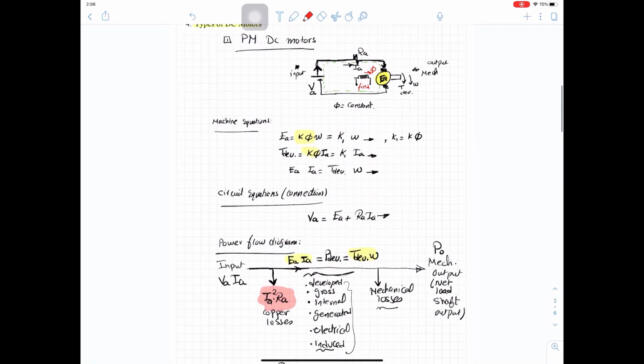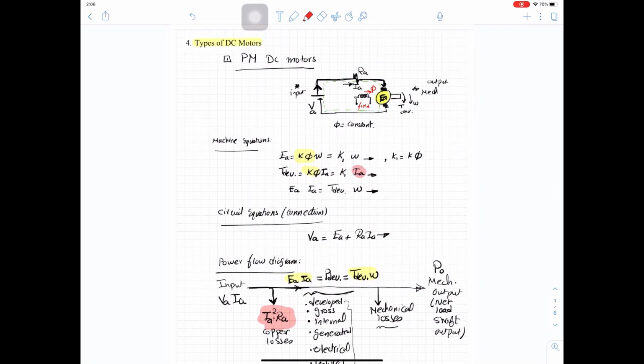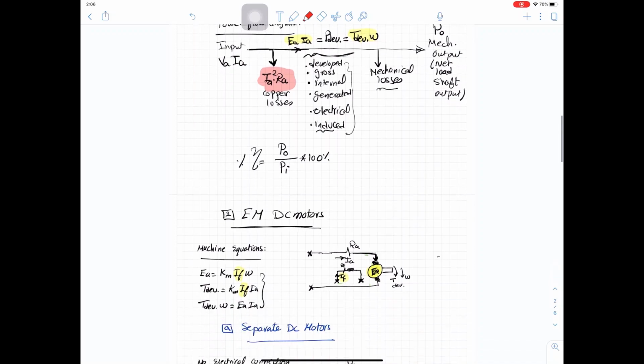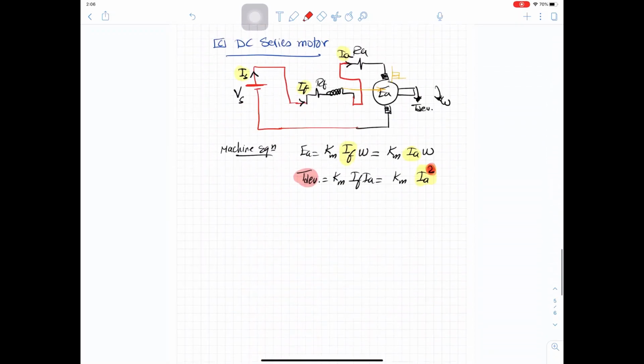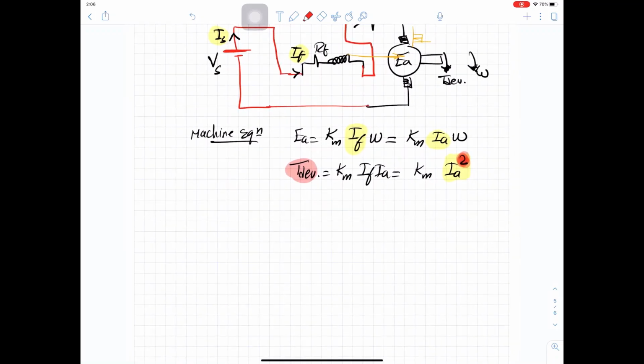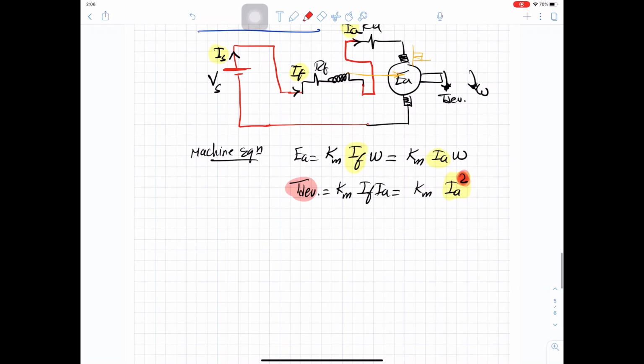And also in the separate case, the torque is proportional to IA. So this machine is the only machine that has a torque proportional to the current square, which means it is giving you a crazy torque. Okay, this machine is the most powerful machine, and we will see when we study its applications.